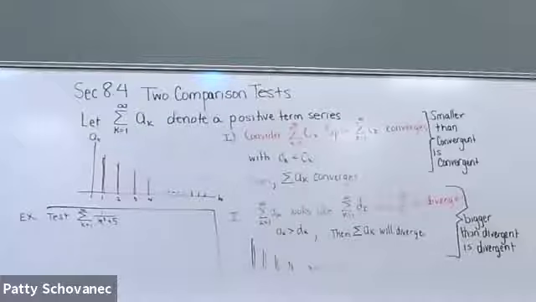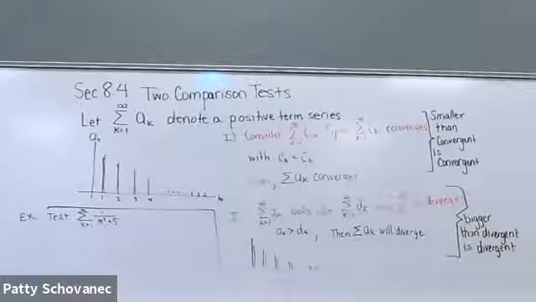The plus 5, when k is large enough, doesn't do diddly. So when k is large enough, this behaves a lot like the series 1 over k cubed. Agree? 1 over k cubed is a series that has a name. It's a p series with a value of p equal to 3. Does 1 over k cubed converge or diverge? Converge. It converges. So this looks like a convergent p series.